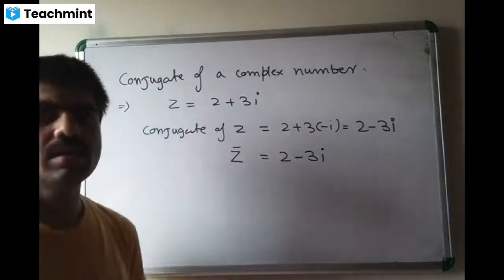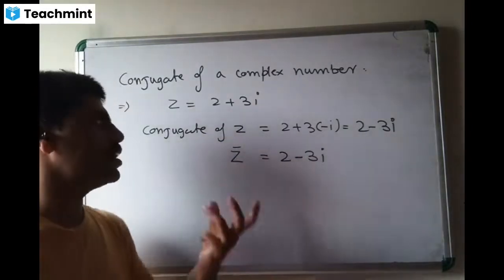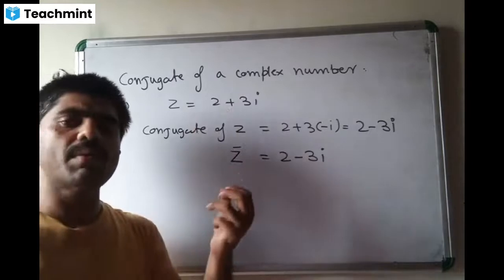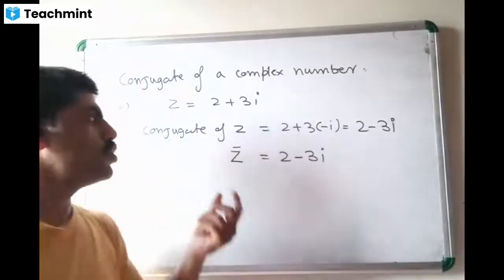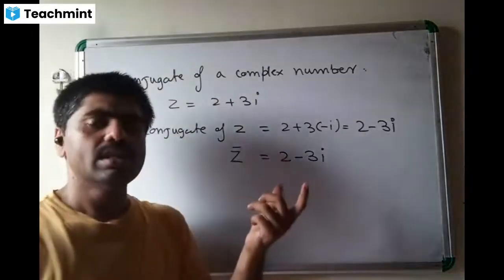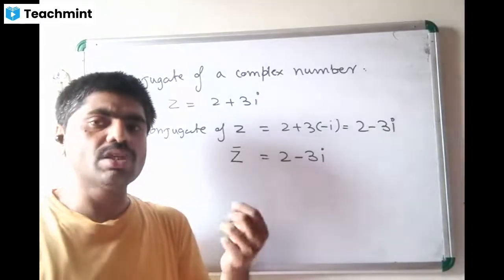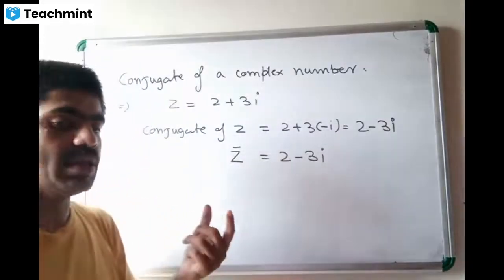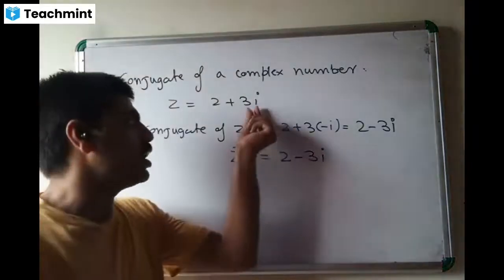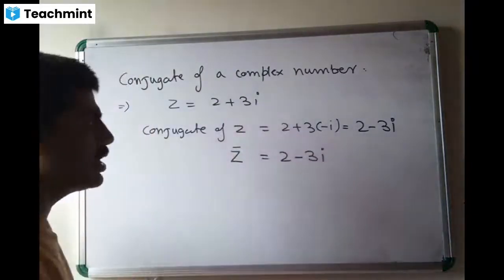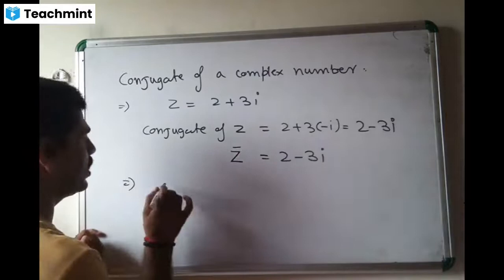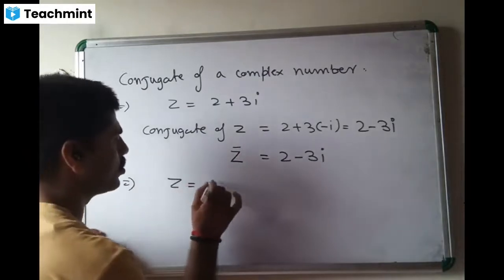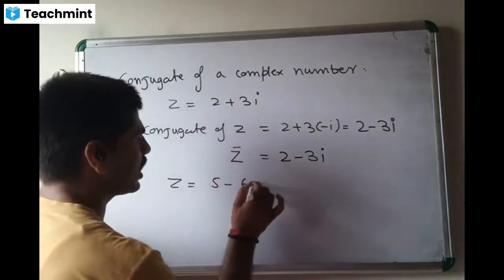If you have a complex number in the form a plus ib, its conjugate is obtained by replacing i by minus i only. See another example. Suppose z is equal to 5 minus 6i.